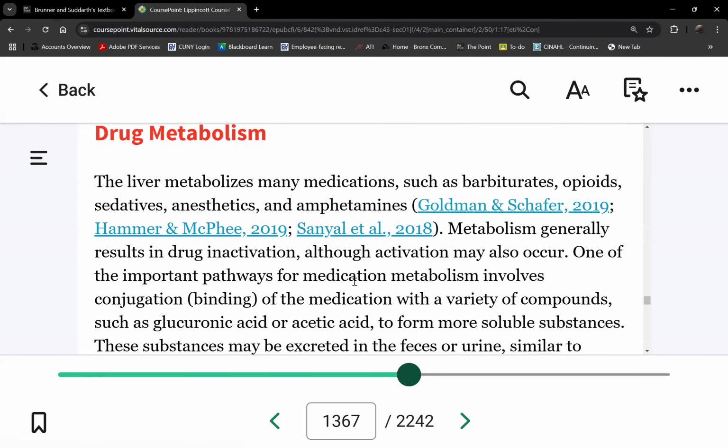Drug metabolism. All drugs, IV or oral, have to be metabolized by the liver. So this will limit our choices as well as the amount of drugs we can give the patient.